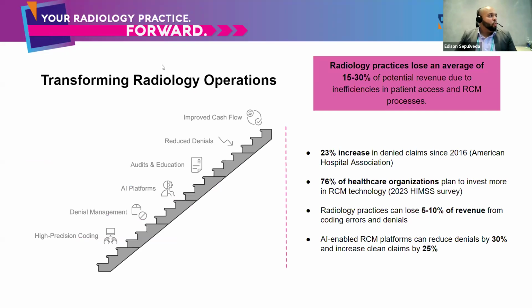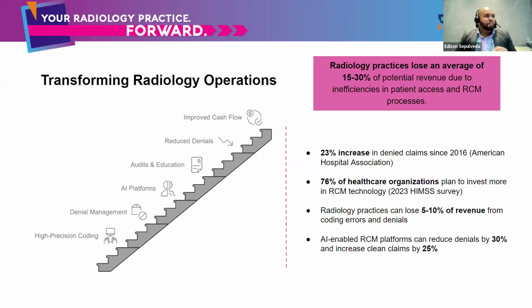And we wanted to give you a quick glance of some of the things that we typically see from patient access and how that translates into significantly affected RCM operations.